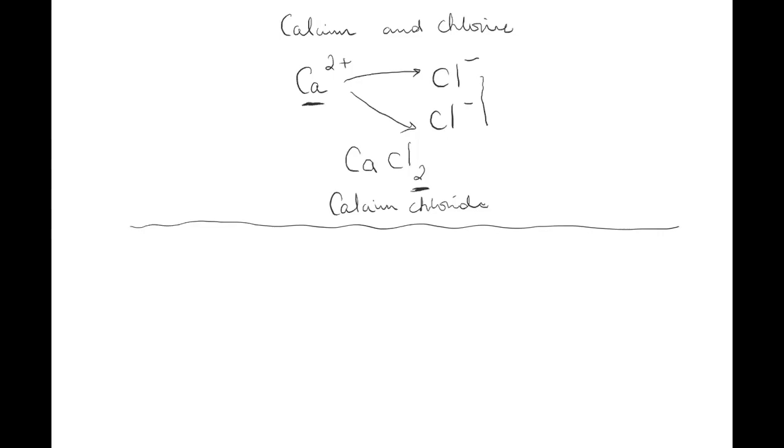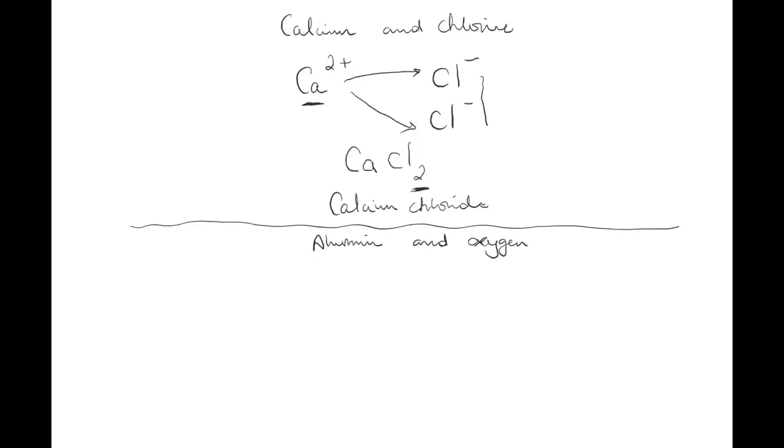Let's write the formula of the ionic compound that forms between aluminum and oxygen. And apologies about my handwriting here. Aluminum and oxygen. Let's see what we know about each of these and how they'll combine. First of all, aluminum is a metal and oxygen is a nonmetal, so they'll form an ionic bond.